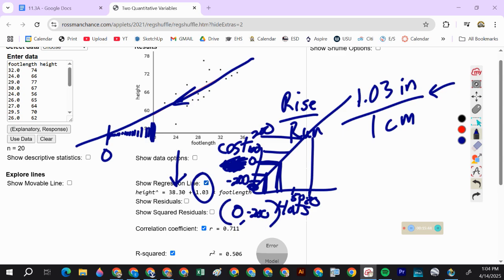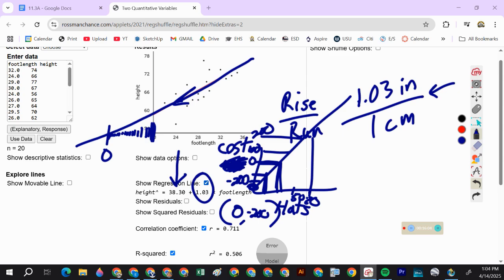Does that situation, or what does that mean in context of the story? If you make 0 hats, you're going to lose $200 because you had to buy the hat maker, right? Does that situation make sense in the context of the scenario? Yes, it does.